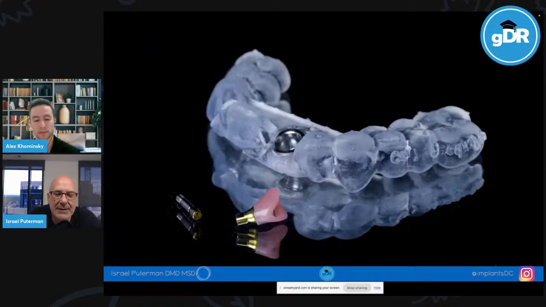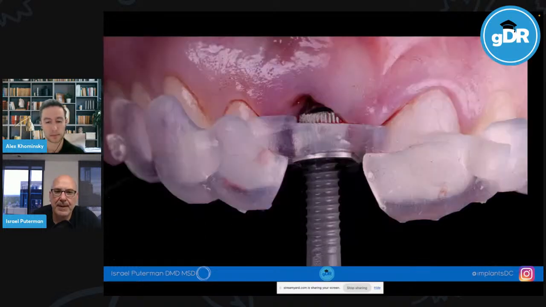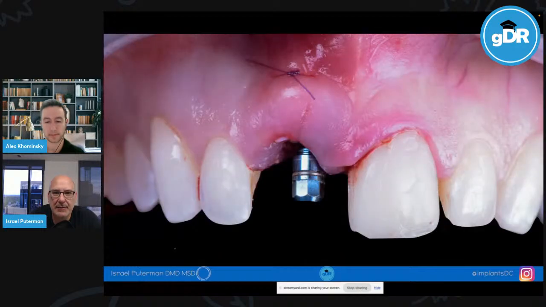This is basically an immediate provisional, a tooth form that's trimmed digitally at the gingival margin. That's all it is. And here's the customized surgical guide as well. So I place my implant using the surgical guide into the ideal position.